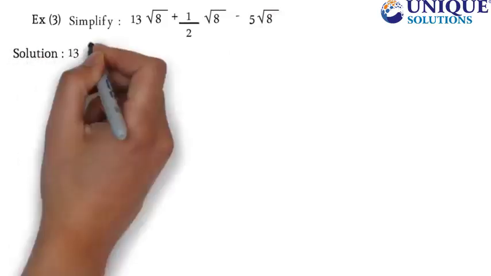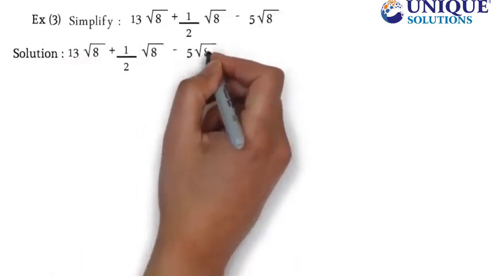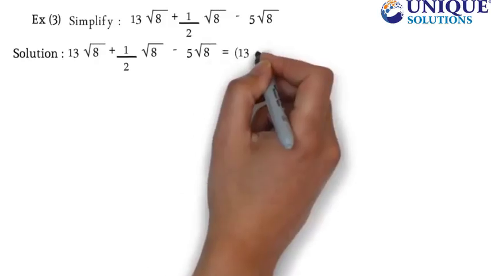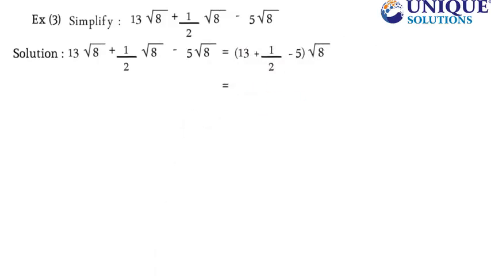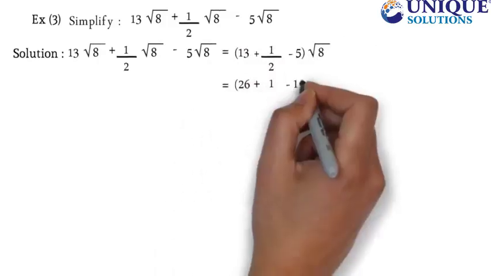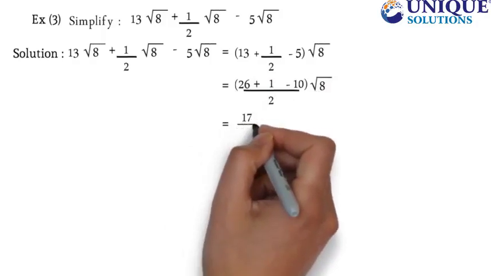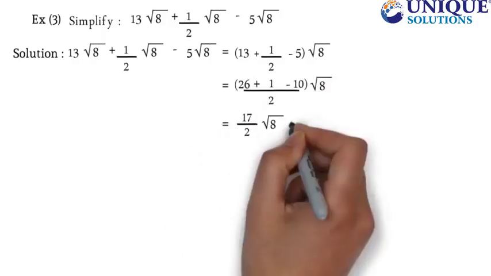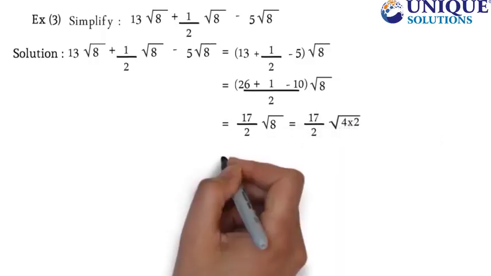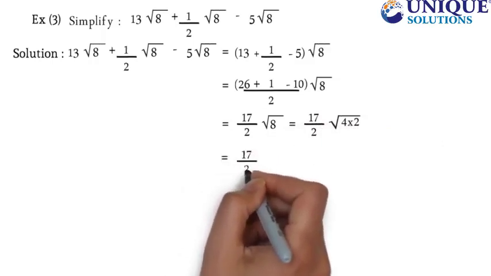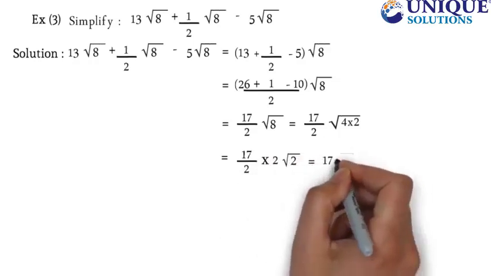Solution: this is equal to 13 plus 1 upon 2 minus 5 square root of 8, which is equal to 26 plus 1 minus 10 upon 2 square root of 8, which is equal to 17 upon 2 square root of 8, which is equal to 17 upon 2 square root of 4 multiplied by 2, which is equal to 17 upon 2 multiplied by 2 square root of 2, which is equal to 17 square root of 2.